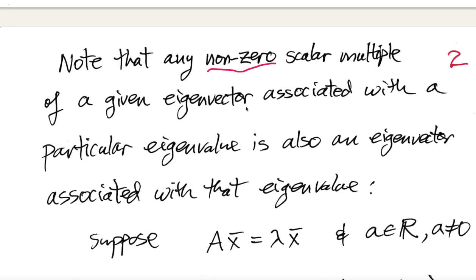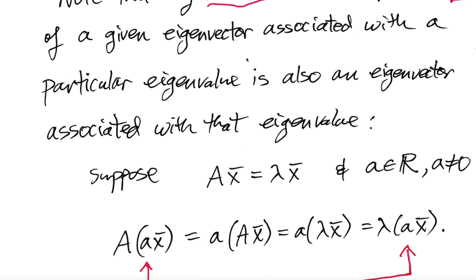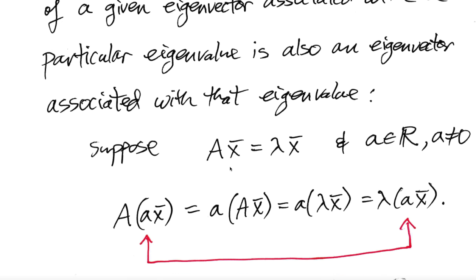Now for the formal proof of my statement here, that I can take any eigenvector associated with a particular eigenvalue and multiply it by a non-zero scalar and still get an eigenvector associated with that eigenvalue. Let's assume that A times some x bar equals lambda times x bar, for some lambda and x bar.